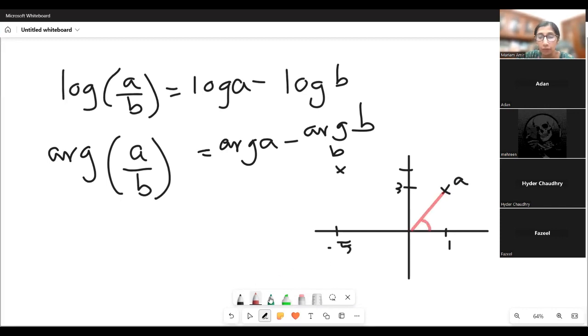And what is going to be the argument of B? This angle. The angle between the line and the positive x-axis. So if you have both these arguments and you subtract them, you have the answer for this.